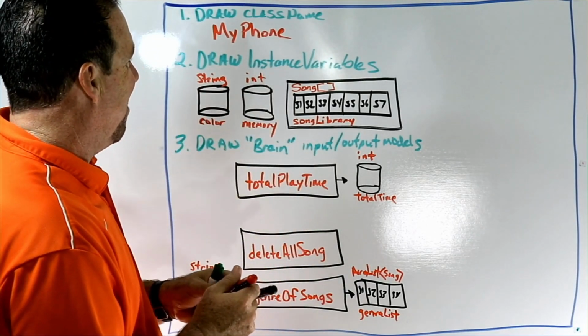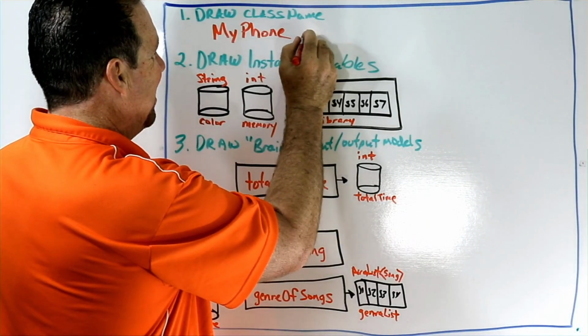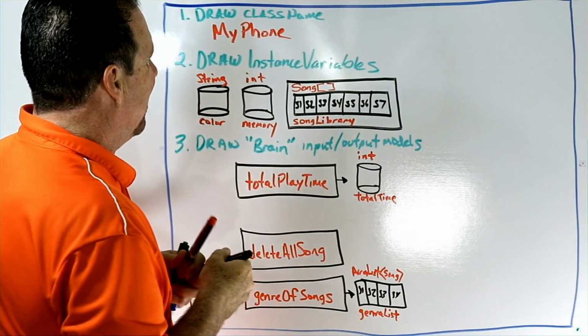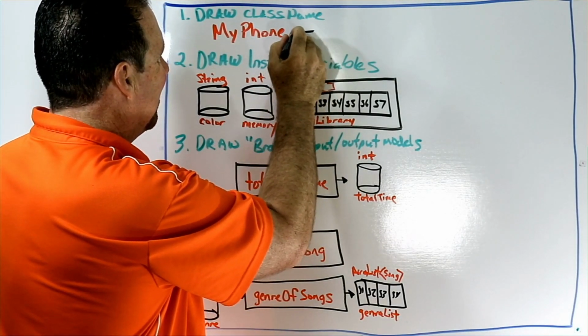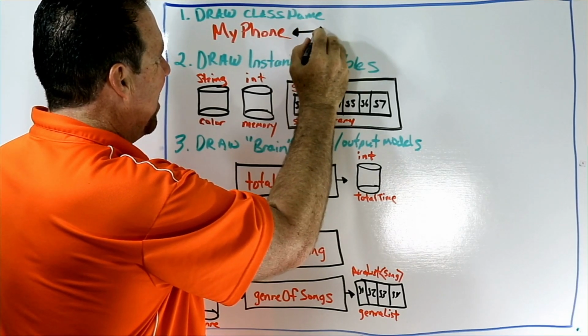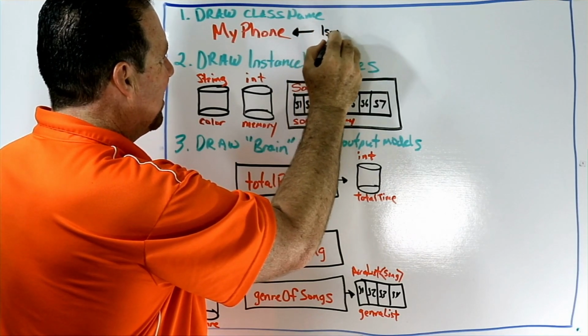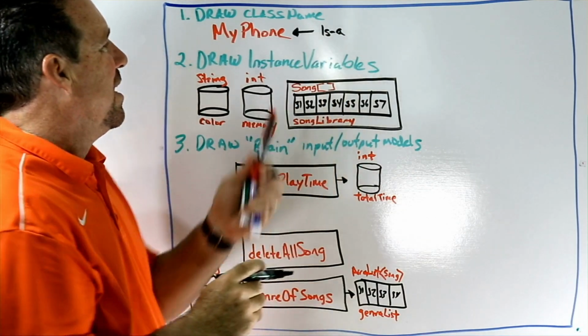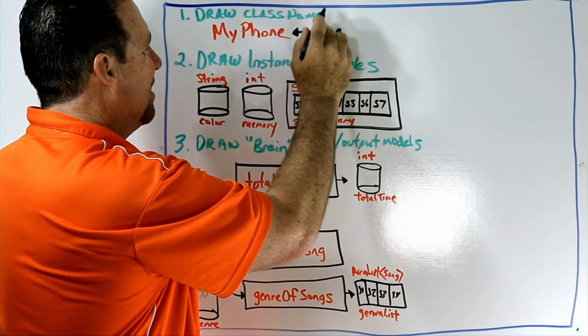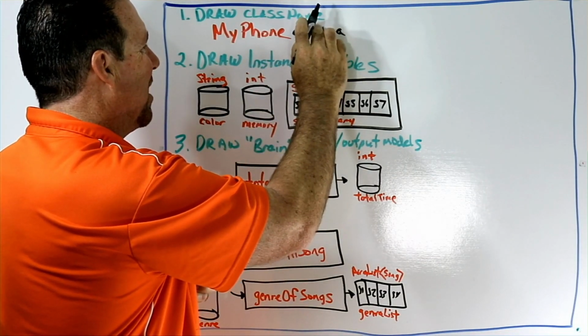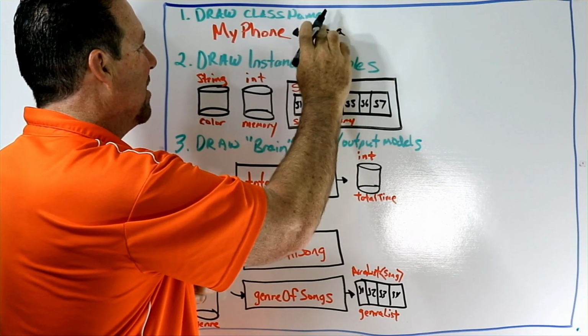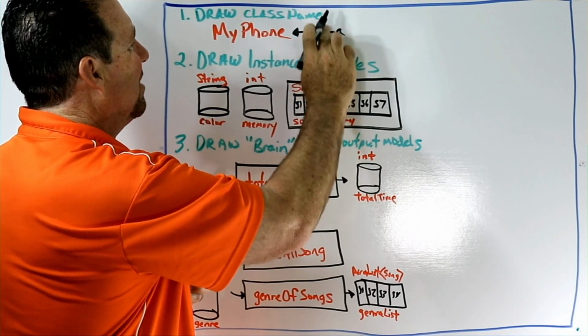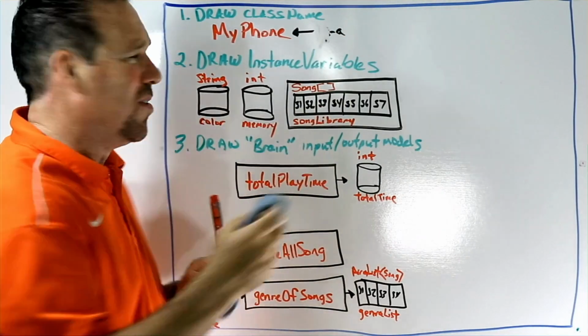Now this is a my phone, okay? And I say that with purpose here because there's a term in computer science that they like to quiz you guys on. It's ISA. Okay, let me make this a smaller I. Let's just erase that and start that over.